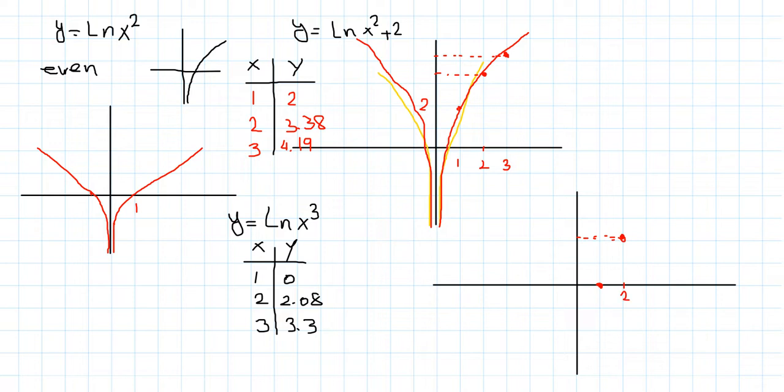And now x is 3, y is 3.3. This is another point. So I know ln x cubed should be like this. I drew it easily.